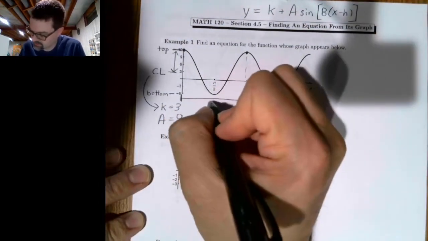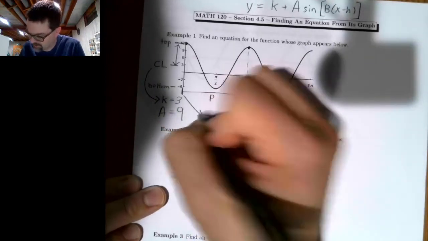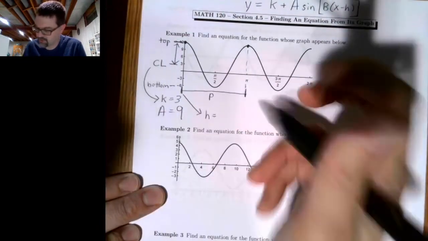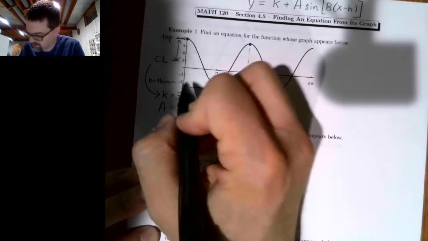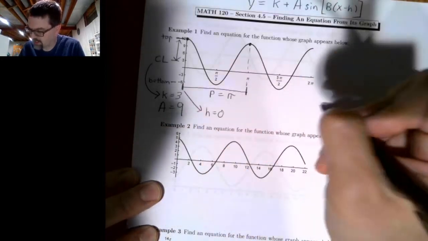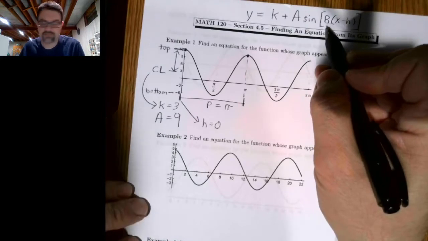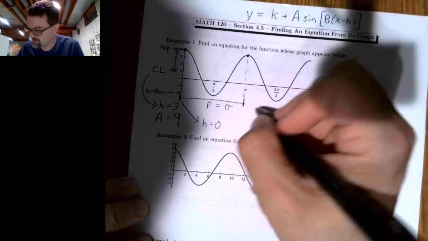So this distance right here is p. Now, first off, let me note, we started at 0, so h is our horizontal starting point, so apparently h is 0. P looks like the distance from 0 to pi. P is pi. But remember, that's not what this number is. The period comes from that number, but it isn't that number.